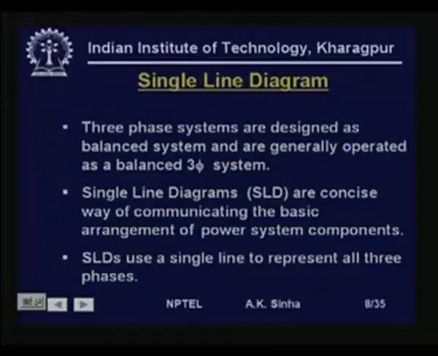This is the property that we try to make use of in building single line diagrams. Now, single line diagrams are a concise way of communicating the basic arrangement of power system components.